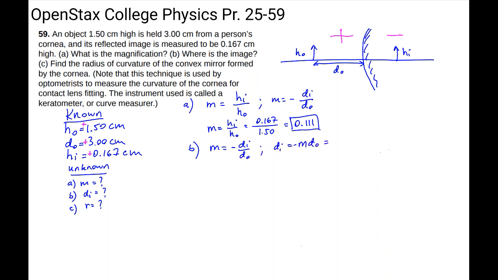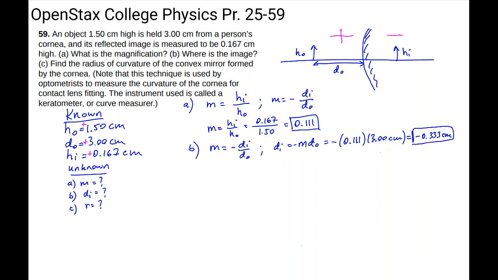So negative m is 0.111, do is 3 centimeters, and when we multiply those together we get negative 0.333, and it's an image distance, so that's measured in centimeters.